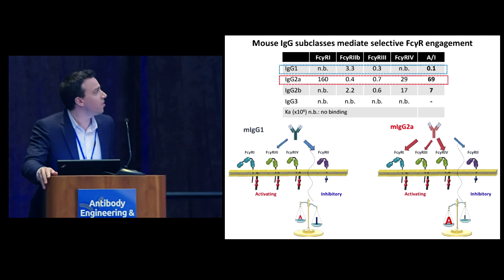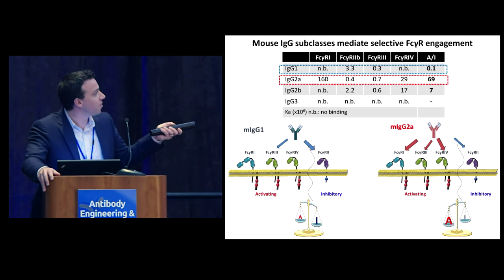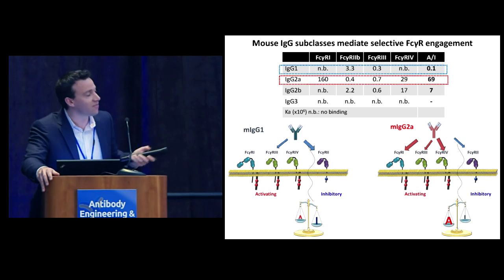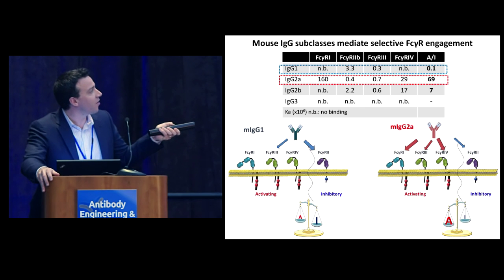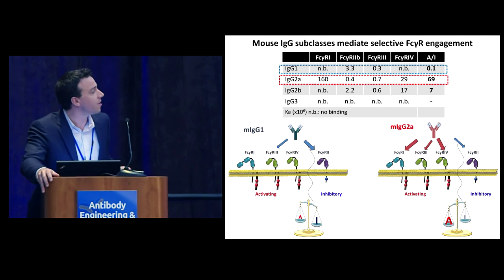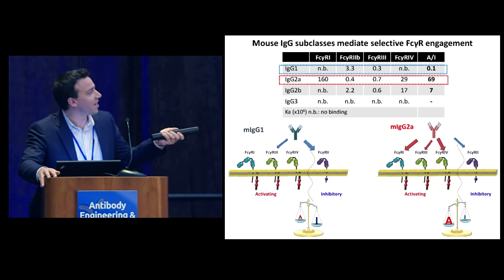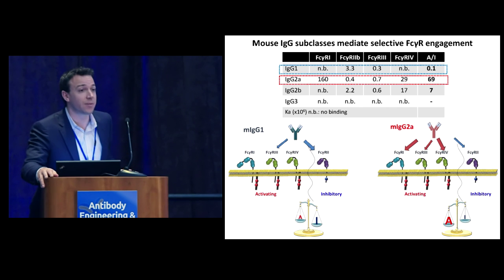And so, for example, in the mouse IgG subclass system, there's actually selective Fc receptor engagement. So, for example, an IgG2A isotype antibody preferentially interacts with FcγR4, the main activating Fc receptor in mice, and has a very low affinity for the inhibitory receptor. And that gives it a very high activating to inhibitory Fc receptor ratio.